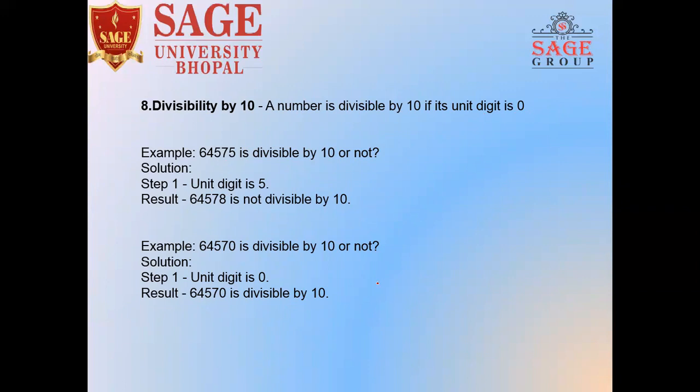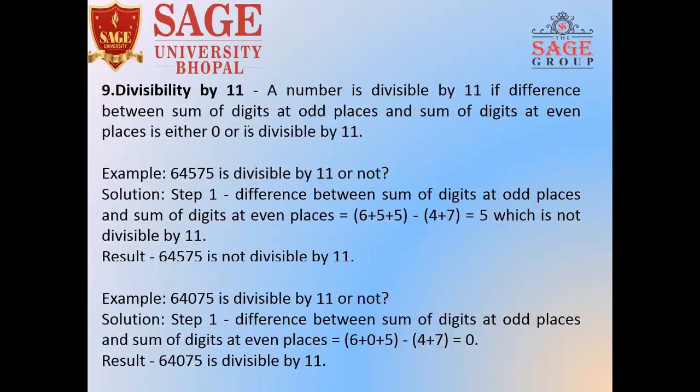Very simple. To find whether any number is divisible by 11 or not, we need to understand the concept. We check whether the difference between the sum of digits at odd places and at even places is either 0 or divisible by 11.